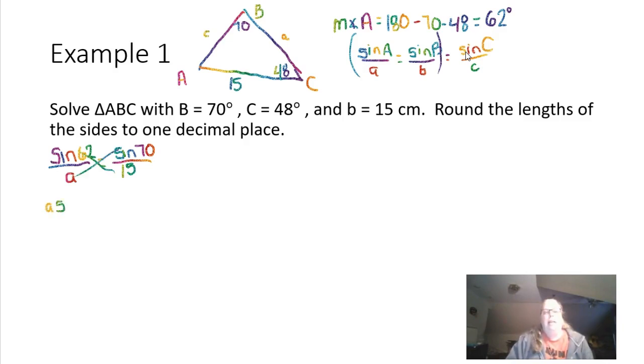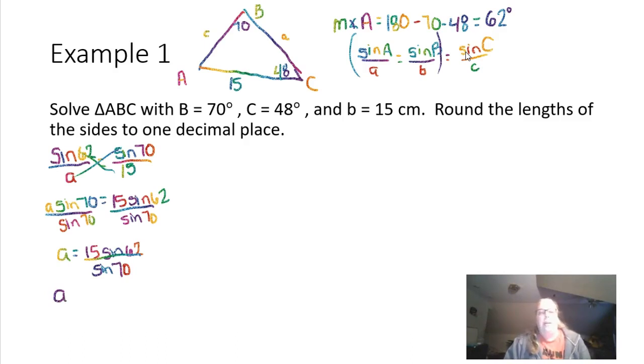On the left, we'll have A times the sine of 70 degrees equal to 15 times the sine of 62 degrees. Since we're solving for A, we divide both sides by the sine of 70. That means side A is equal to 15 times the sine of 62 degrees divided by the sine of 70 degrees.